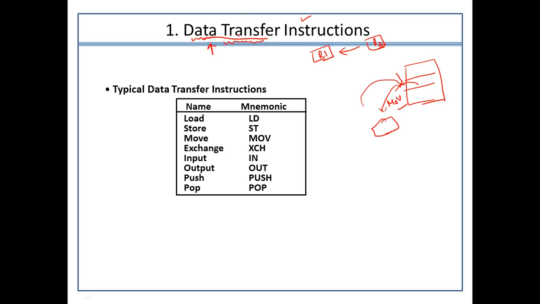You could say the source and destination could be either registers or memories or both, right? The typical instructions falling under this category are load, store, move, exchange, input, output, push, pop.